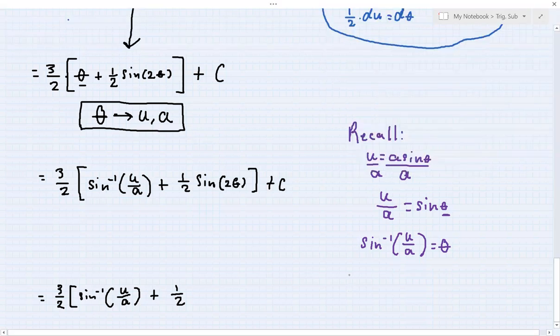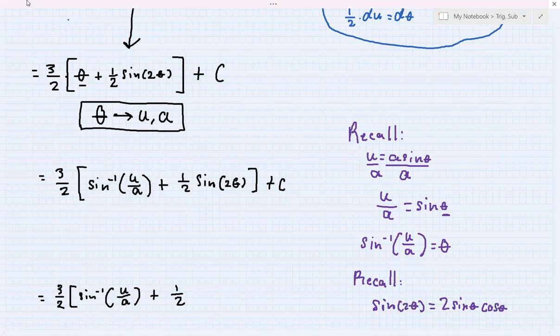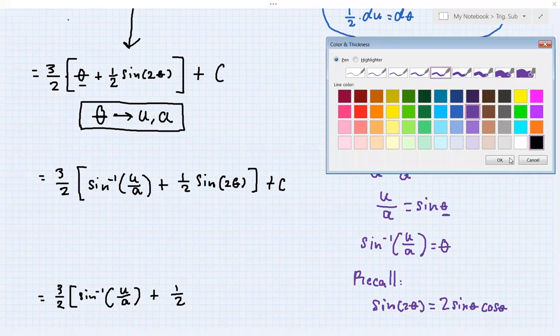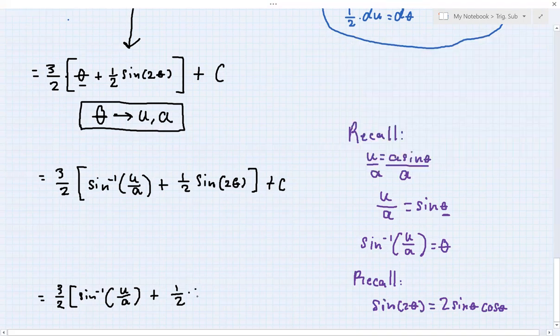Recall natin ha, na meron tayong tinatawag na double angle identities sa trigonometry. Na kung saan, if you have sine of 2 theta, you have 2 times sine theta times cosine theta. So that means I can rewrite this as 2 times sine theta times cosine theta.